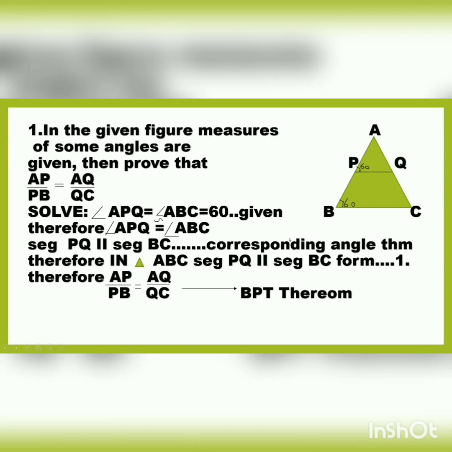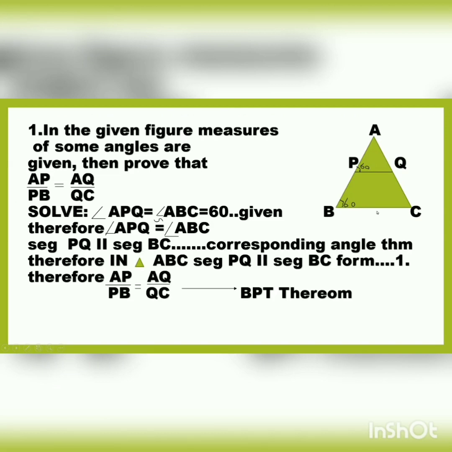The reason is the corresponding angle theorem. When these two angles are congruent, then these segments are parallel to each other. So we say here segment PQ is parallel to segment BC.